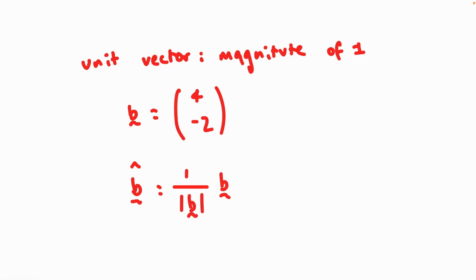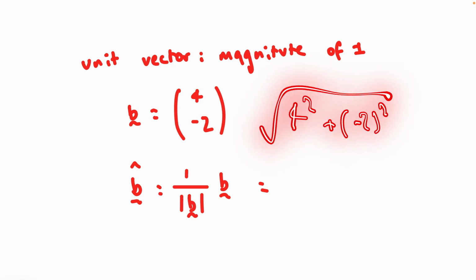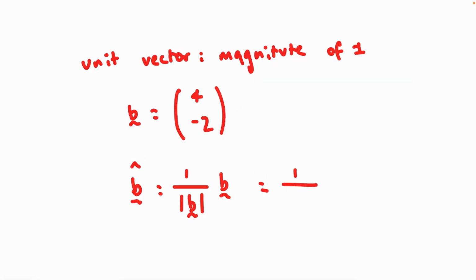Or this is also the same as b over magnitude b. They're both the same thing. But let's work it out. In this case, what is the magnitude of b? The magnitude of b is the square root of 4 squared plus minus 2 squared. And that would be the same as square root 20. So 1 over square root 20, and then b, which is 4, negative 2.